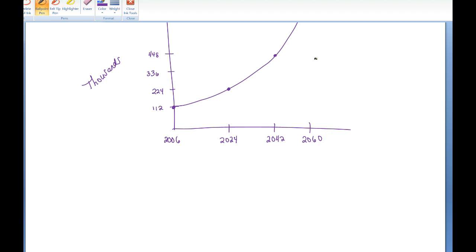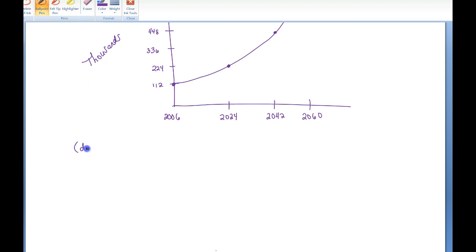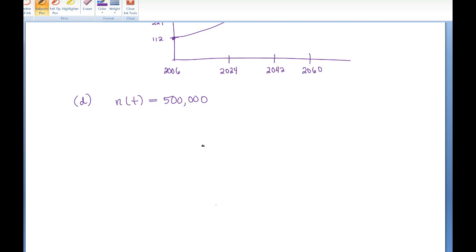Now for part D, we want to know when will N of t equal 500,000. So I'm going to set 500,000 equal to 112,000 times 2 to the t over, is it 12?